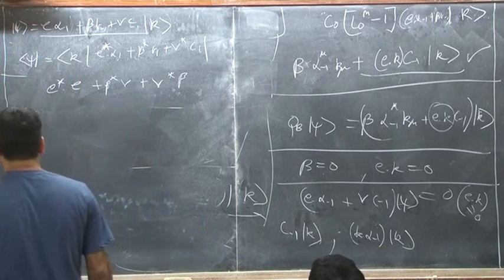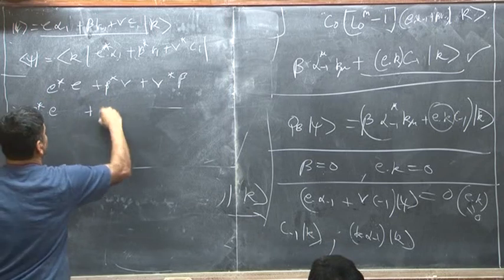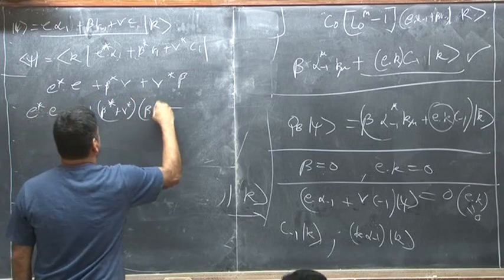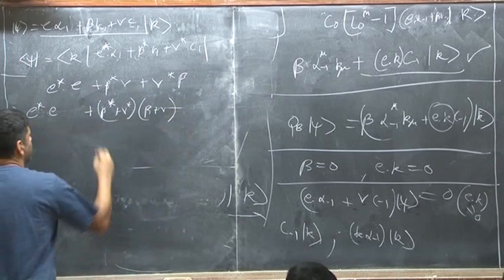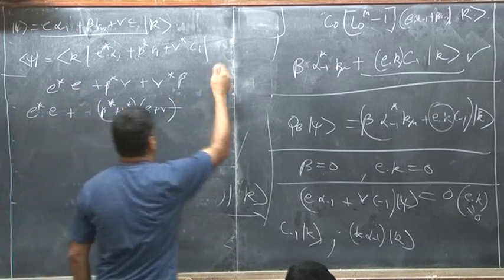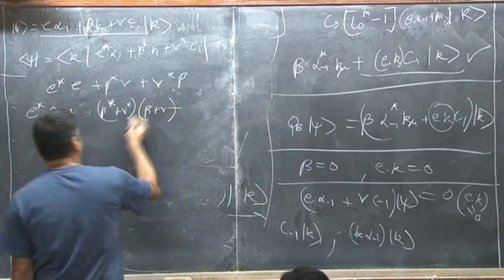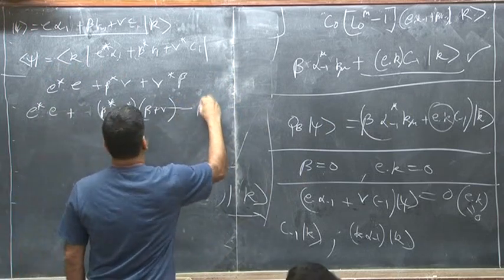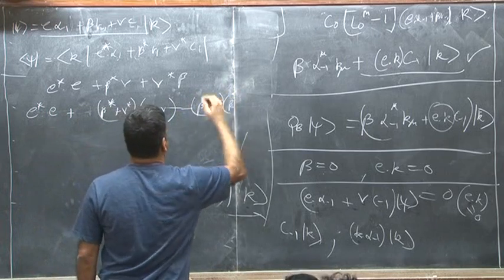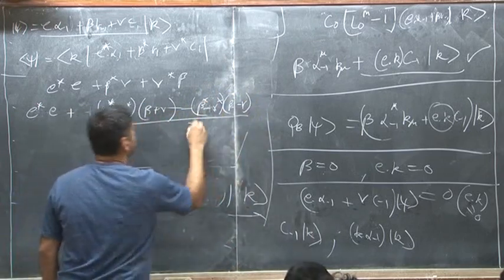Okay, so this is E star dot E plus (beta star plus gamma star) into (beta plus gamma) minus (beta star minus gamma star) into (beta minus gamma), all divided by 2.